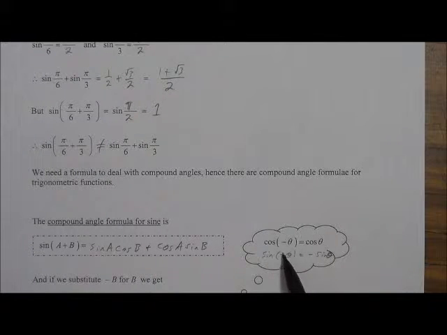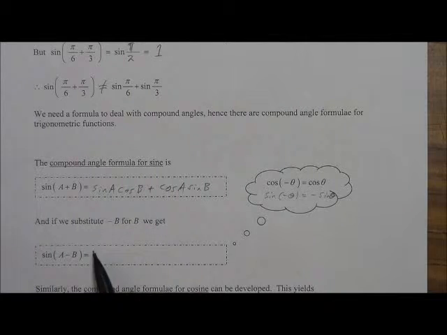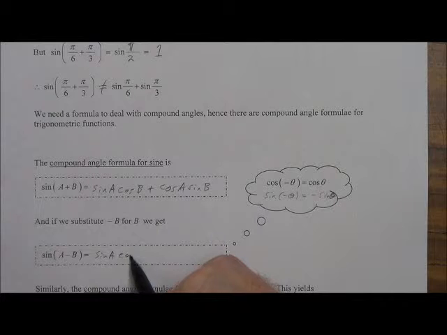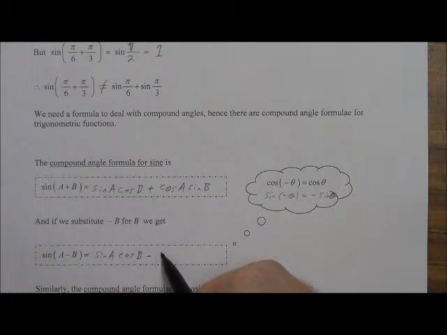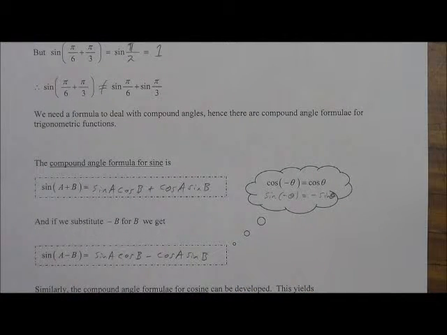If this is a negative angle, then the angle would go down into the fourth quadrant, where only cosine is positive and sine is negative. Now if we substitute negative B in for B in the original formula, the formula becomes sine A cos B minus cos A sine B. Basically the same thing, no big difference there.